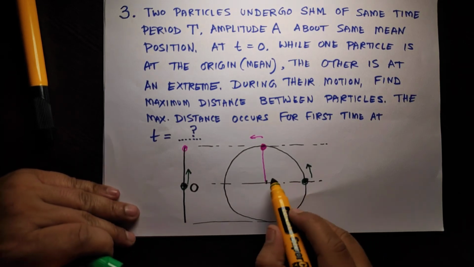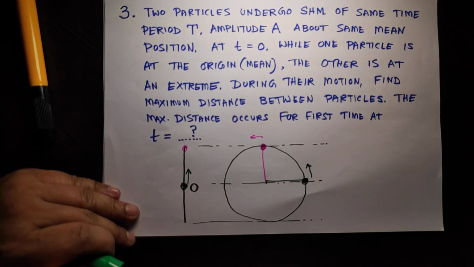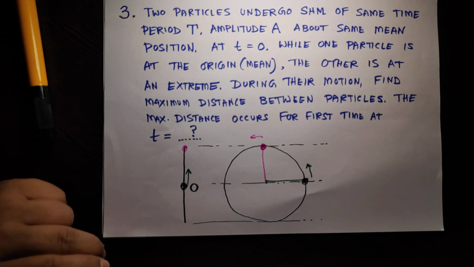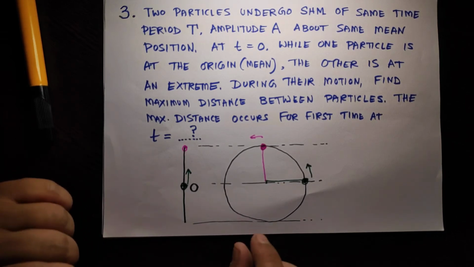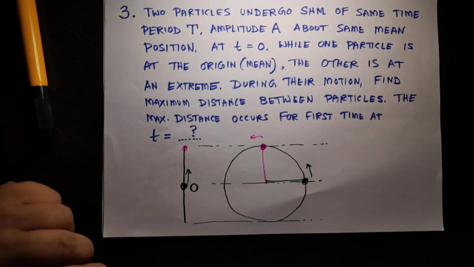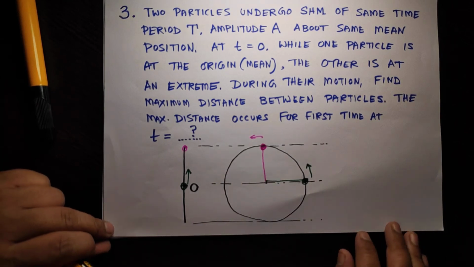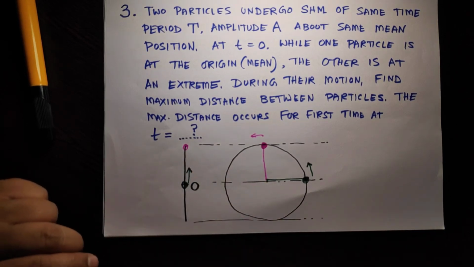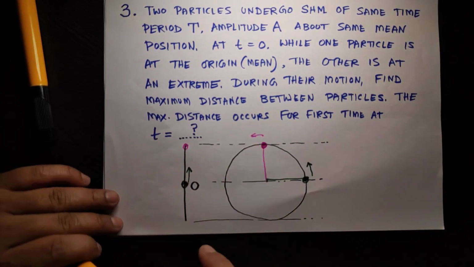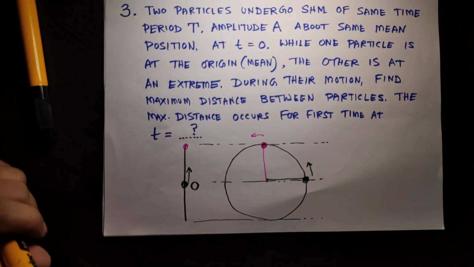Both have amplitude A. Now what has been asked? Find the maximum distance between the particles. These are the particles in circular motion, and these two are the shadows of these two. This is just for reference.